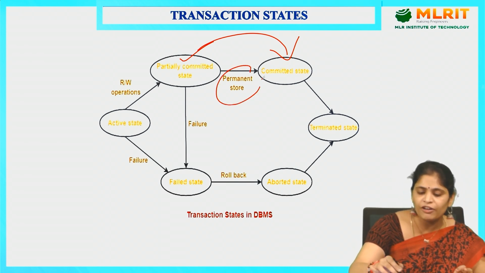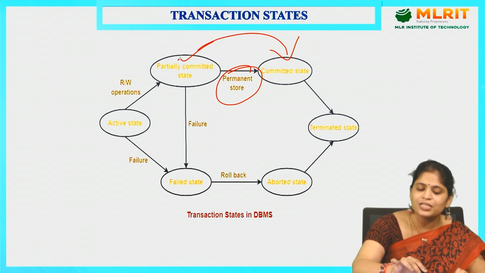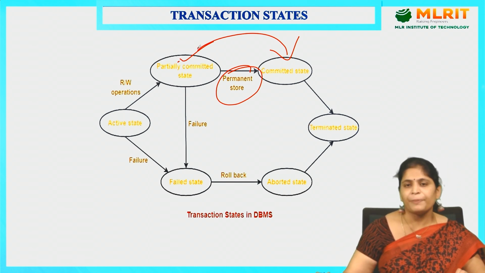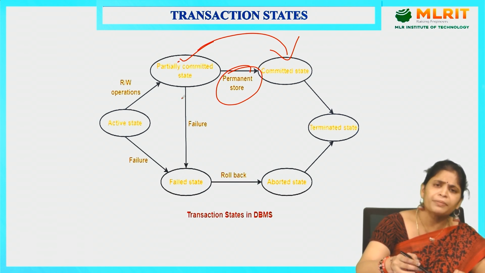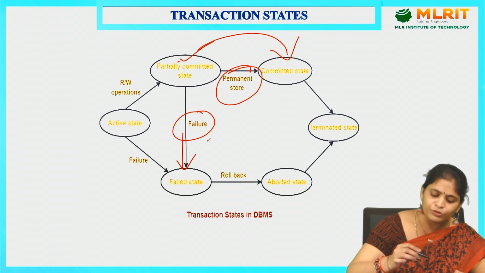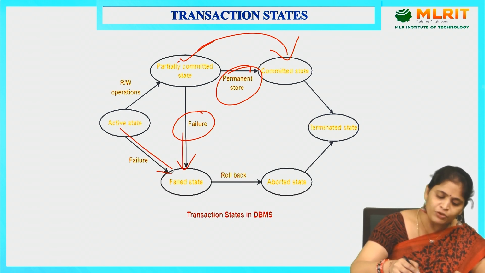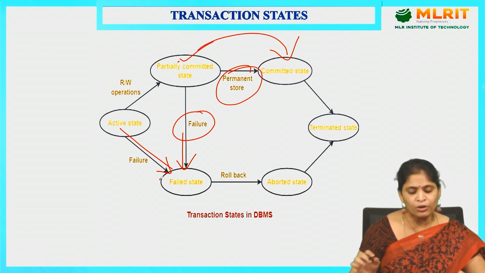That is why I have mentioned permanent storage here. This partially committed state may fail in the middle of the transactions. That is why it came to the failed state. Initially, even before starting, the transaction may fail due to some issues, and that also comes to the failed state.